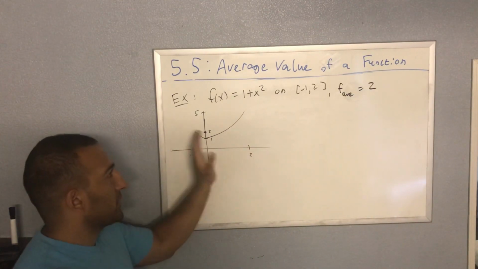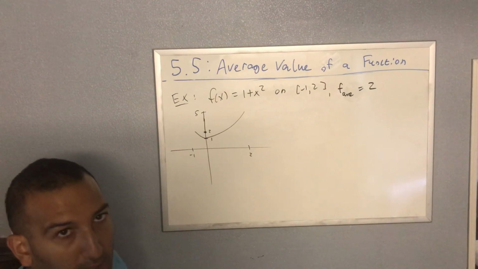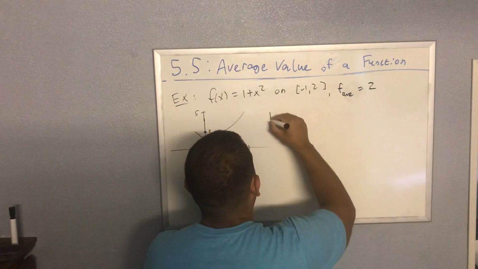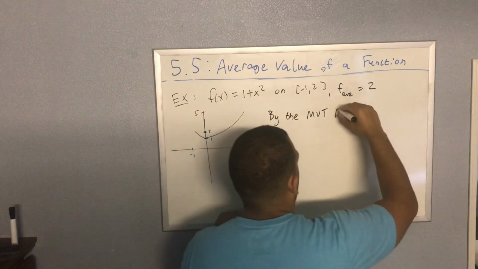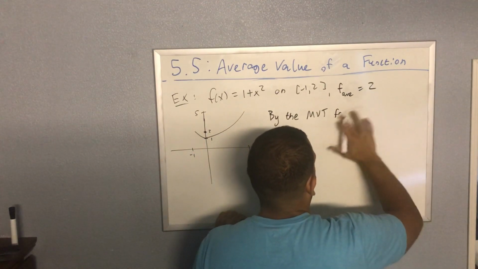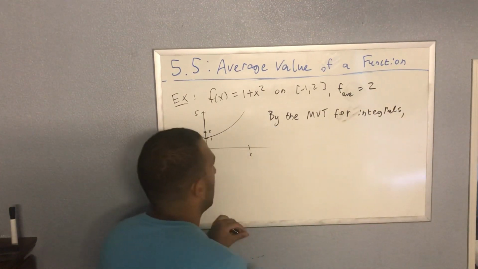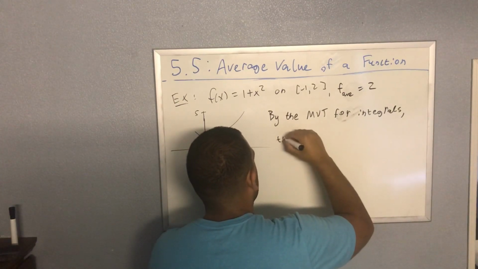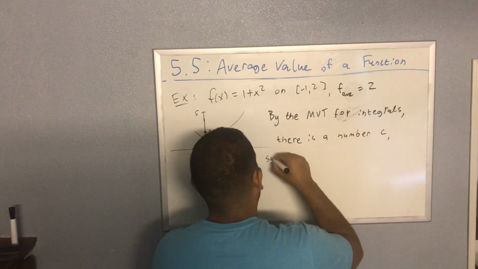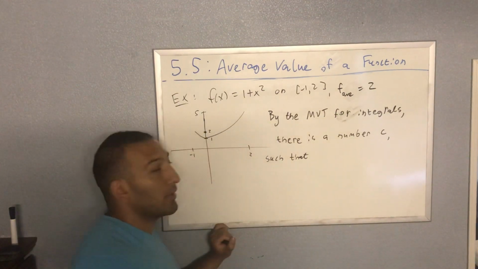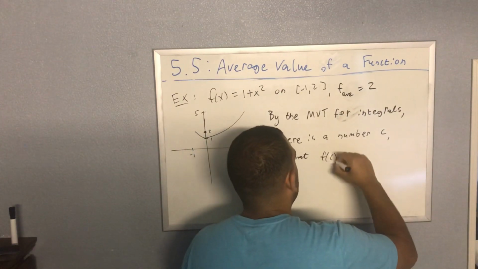Because this function is continuous on this interval, the mean value theorem for integrals tells us, remember MVT meant mean value theorem for integrals, we know that there is a number c, it could be more than one, this just tells you there's at least one, such that f of c equals 2.